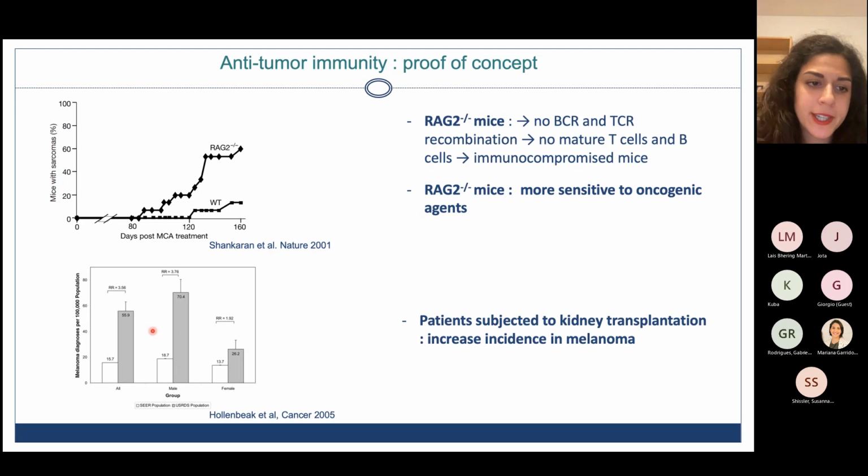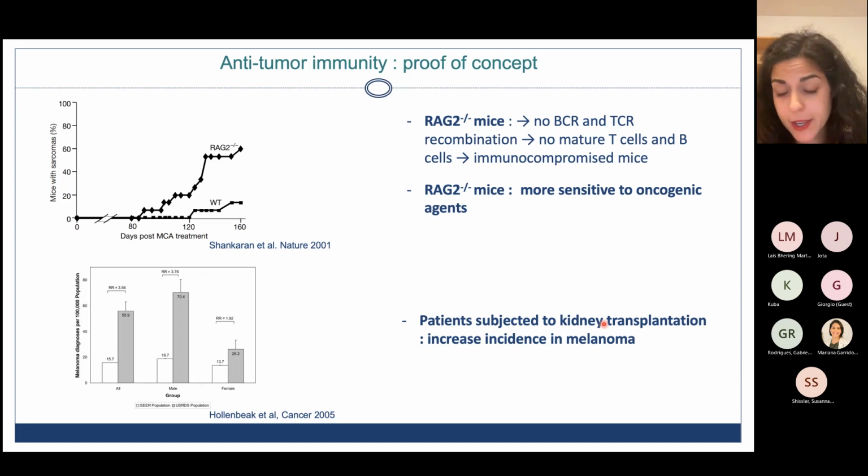And moreover, you can see here the melanoma incidence in patients that are subjected or not to kidney transplantation. You can see that patients subjected to kidney transplantation have an increased incidence of melanoma. The immune system is implicated here because when you're subjected to a kidney transplantation, you need some drugs that will slow down the immune system in order to let the graft be tolerated within the host.